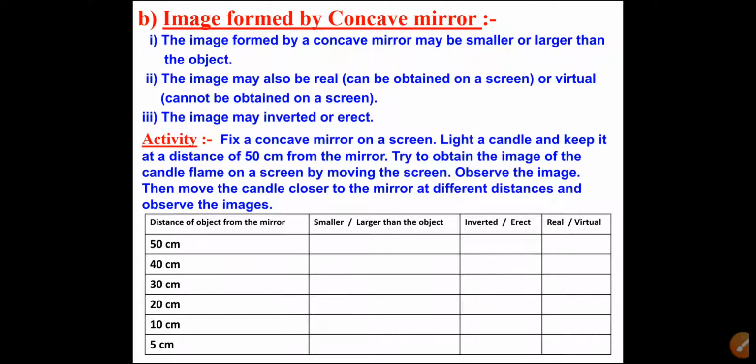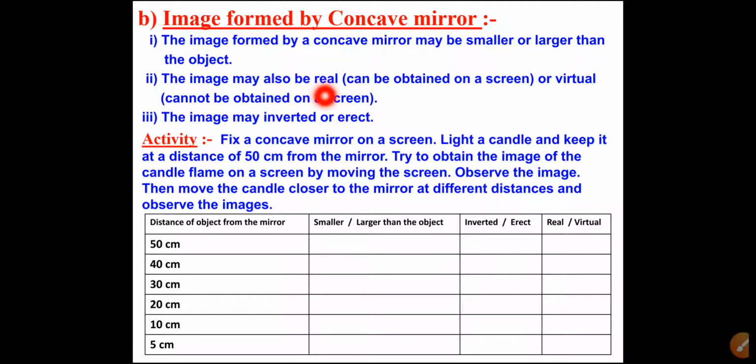So what are the characteristics of the image formed by the concave mirror? The image formed by a concave mirror may be smaller or larger than the object. Whatever object you hold in front of the concave mirror, its image may be smaller or larger than the real object. Another point is that the image may also be real.